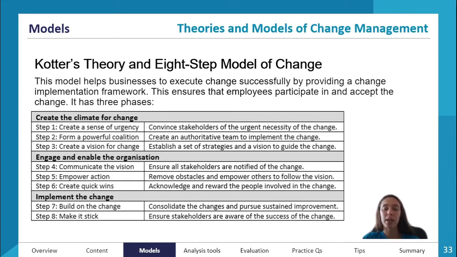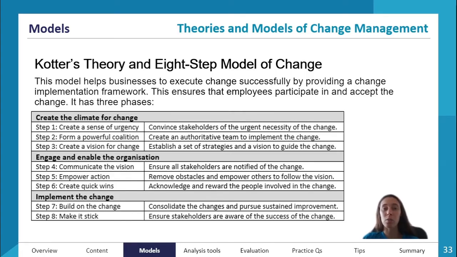And it's about making sure that employees are participating in the change and accepting the change. You can see that we've got 3 overarching phases and then some steps, either 2 or 3 steps in each stage. So phase 1 is create the climate for change.